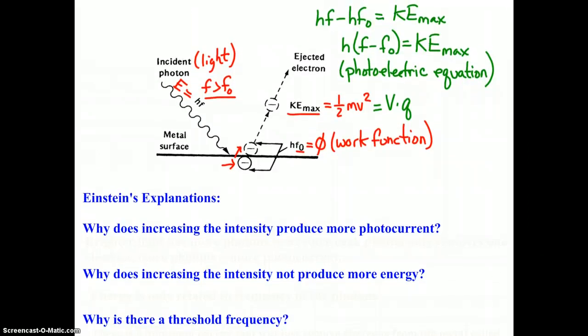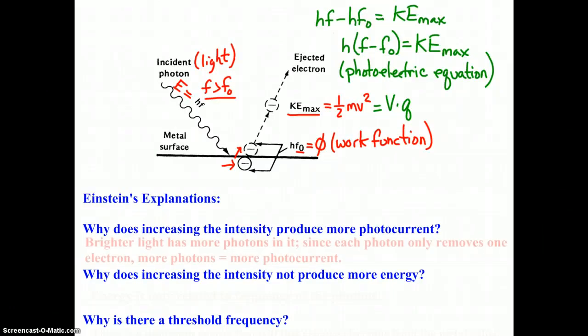All right, so we start off with, why does increasing intensity produce more photocurrent? Here's what Einstein said. He said, brighter light has more photons in it. In other words, more particles of light. Since each photon only removes one electron, more photons equals more photocurrent.